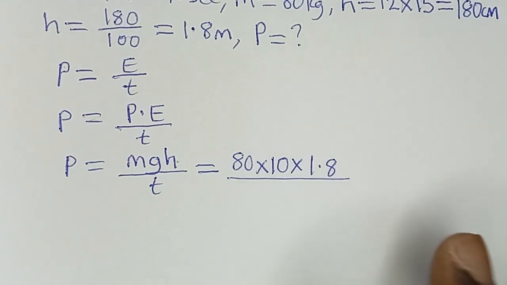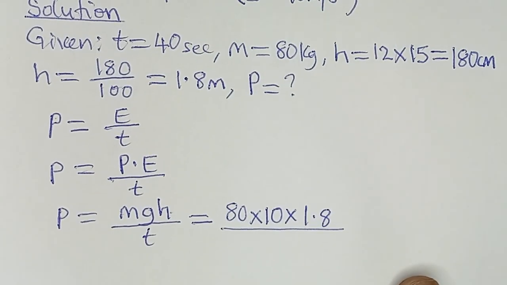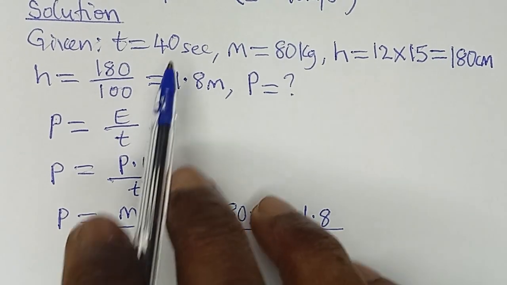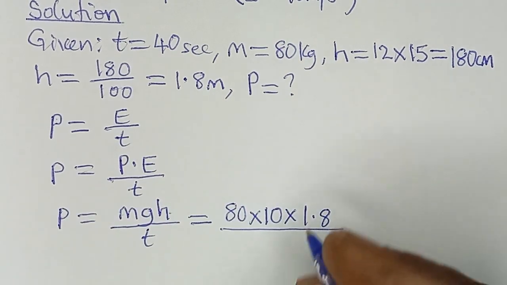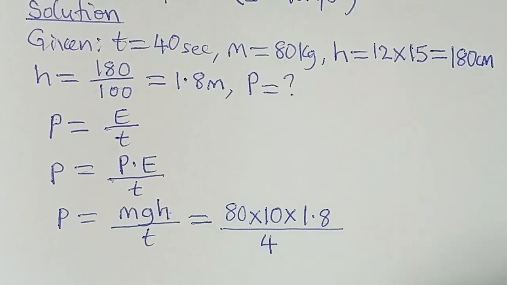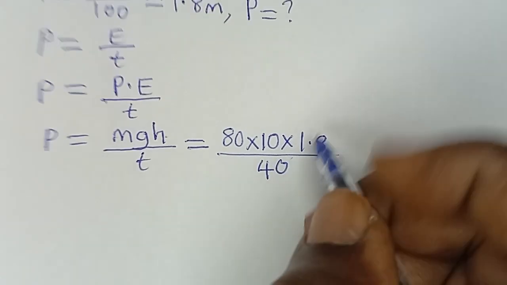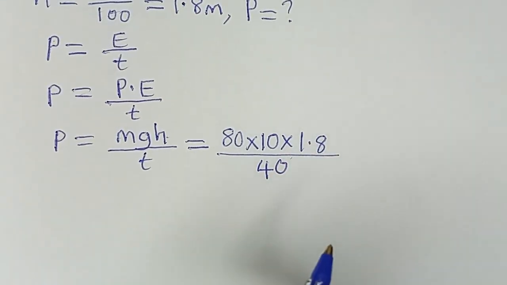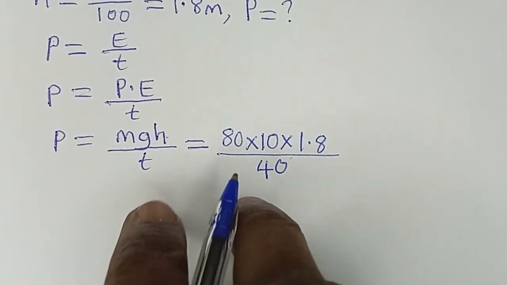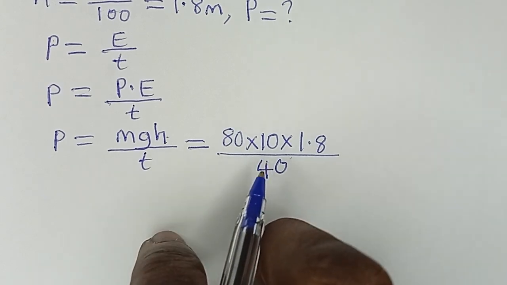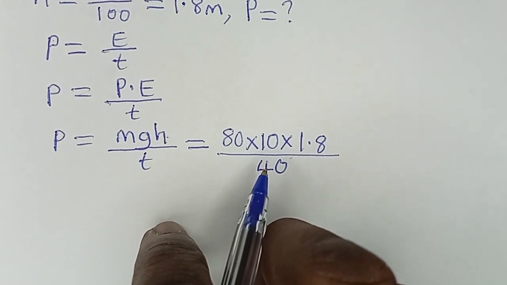And going back to the question, we can see the time is 40 seconds. So all divided by 40. Let me write it well so that we can see that. So it's going to be 80 multiplied by 10 will give us 800.